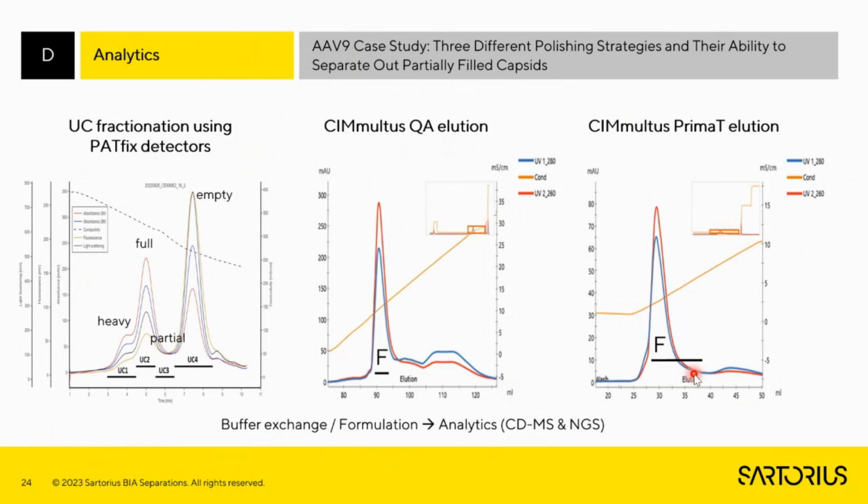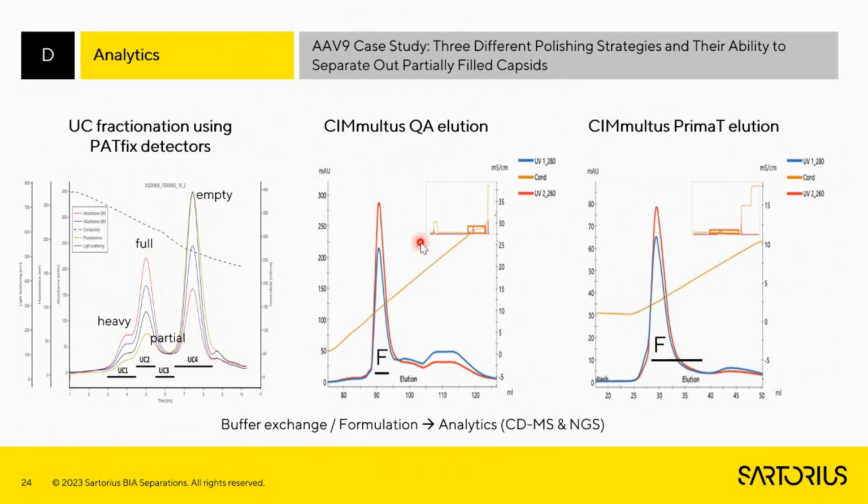The last case study that we look at today is done on the AAV9, and we compared three different approaches of full enrichment. So we used the ultracentrifuge, not the analytical one, but the preparative ultracentrifuge coupled with HPLC, as we also saw before, so that we have the heavy capsids, full capsids, partial, and the empties, and we collected all of those fractions.